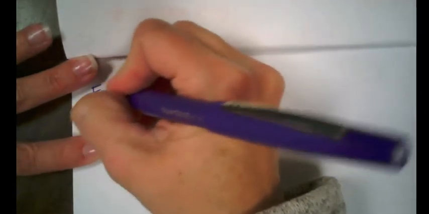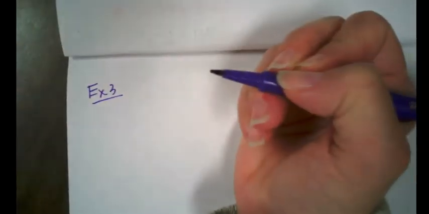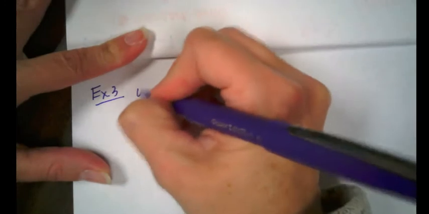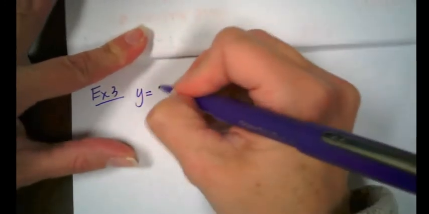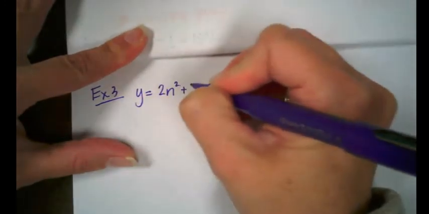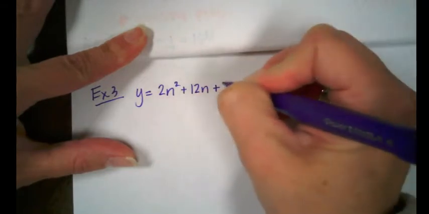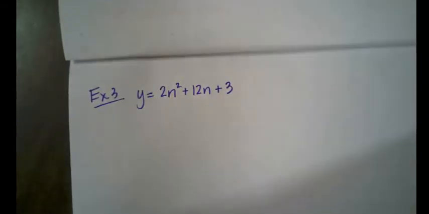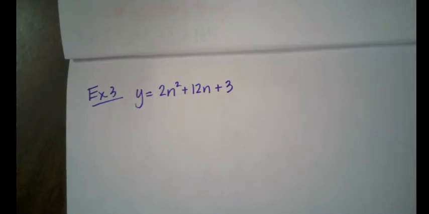So this should be example number 3. I'm going to give you y equals 2n squared plus 12n plus 3. First thing I want you to do is identify what form this is in.